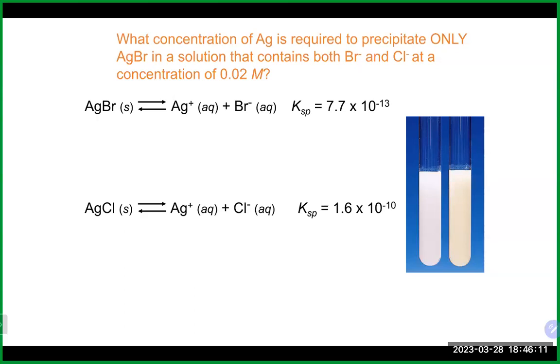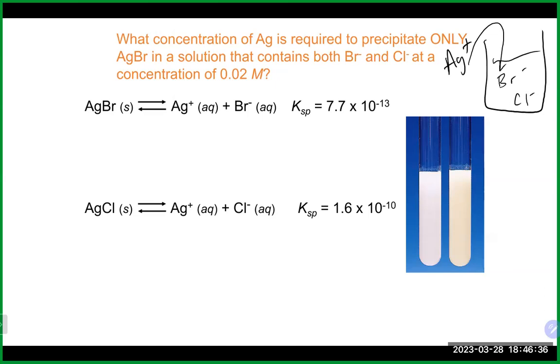Well, if you were just going to go visually and try to separate out stuff in a solution, if you had a solution with bromide ions and chloride ions floating around, and you decided to precipitate those out by adding silver, you will make silver chloride and silver bromide.